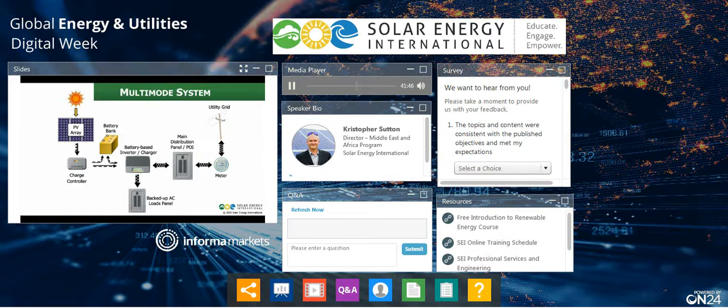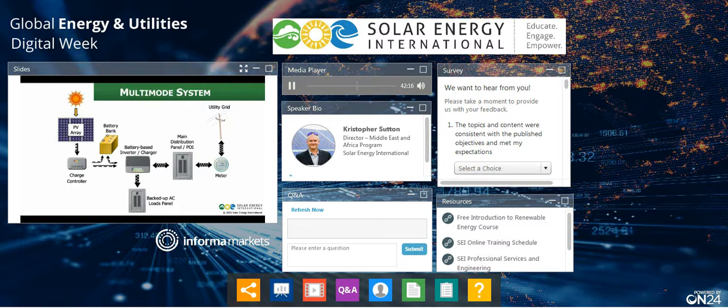So we could take a multi-mode inverter charger and set it into a mode where it'll consume everything on site first, but all excess generation will be pushed back out to the utility grid. Now, normally on systems like this, we separate the AC loads. We'll often have a main distribution and what we call a backed up loads panel. Very similar to what's done with backup generators a lot too.